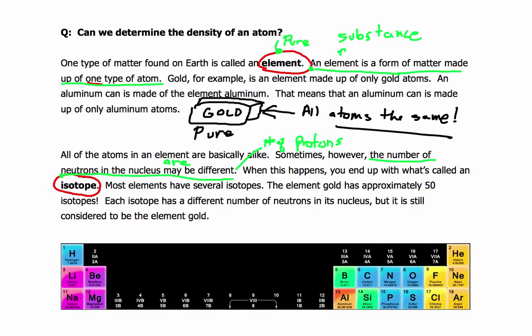So I want you to get your reading marked the way we've marked this right here, and make sure you have at least a beginning understanding of the difference between pure atoms, or atoms that make up a pure element, like all gold or all aluminum or all carbon, and what's the difference between a pure atom and an isotope. Well, let's look at this chart, and we'll see if we can make a little more sense of what's going on with pure atoms and isotopes.